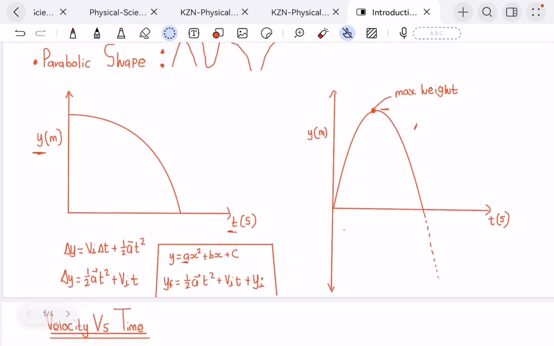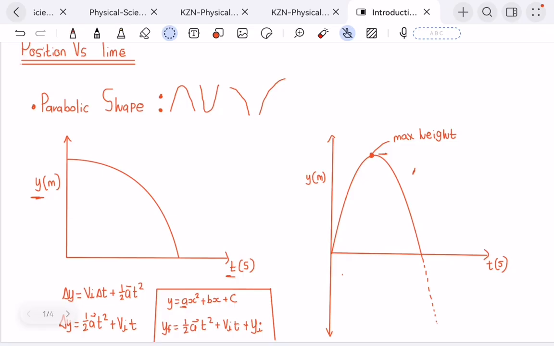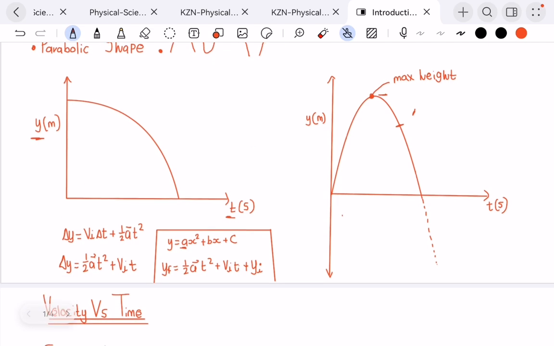One of the interesting things, which you don't have to know for the exam, is that if you look at this graph, you can see this is actually a parabola, because it really is a parabola. And if we look at one of our equations of motion, this equation, delta y is equal to vi delta t plus 1 over 2 acceleration times delta t squared.